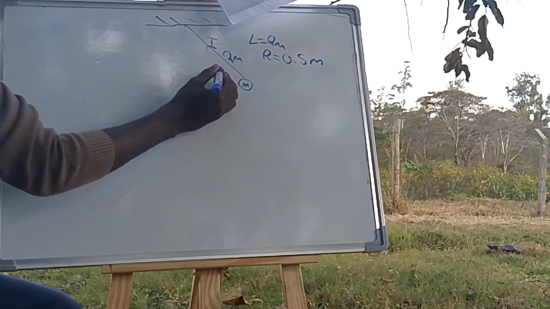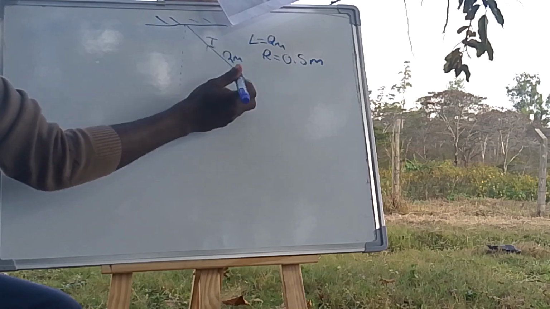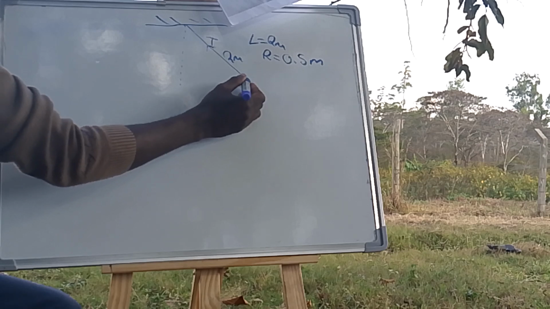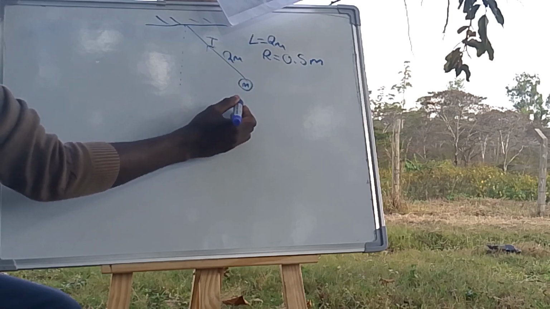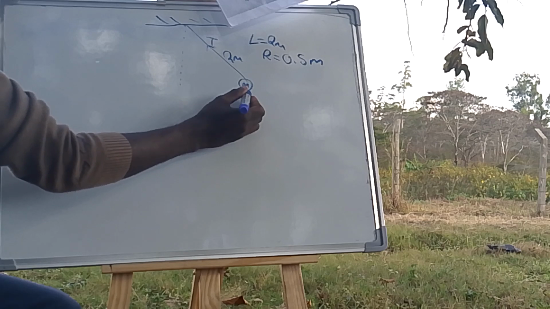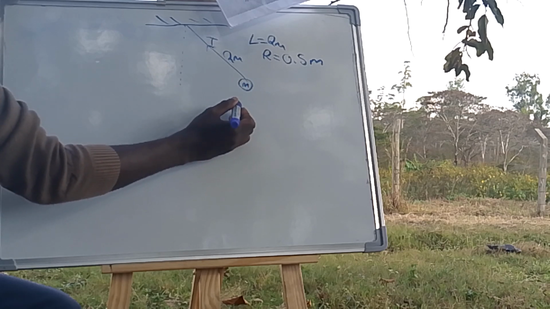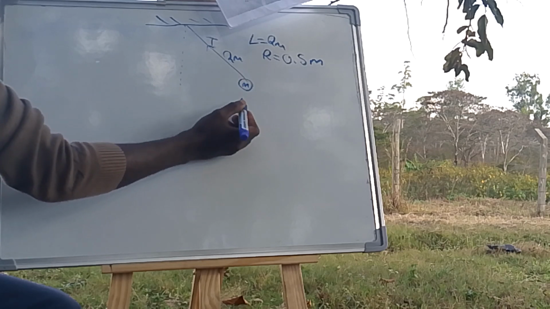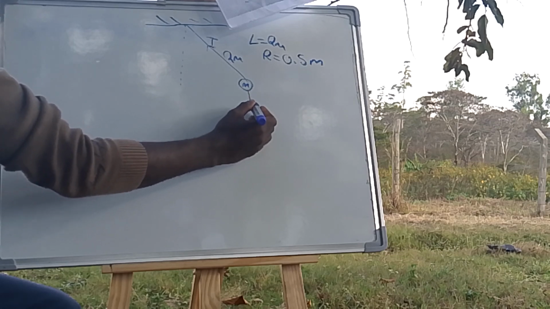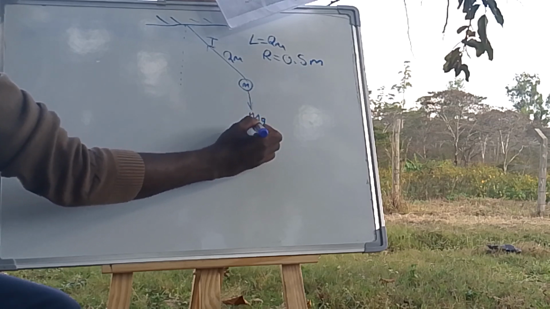To find tension, we are going to resolve all the forces. We are going to focus on this object, the bob. Focusing on this bob, we are going to identify all forces exerted on the bob. Number one force we have is the weight, which is given by mg.